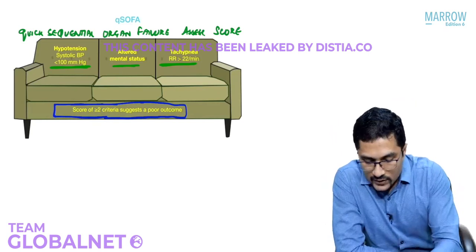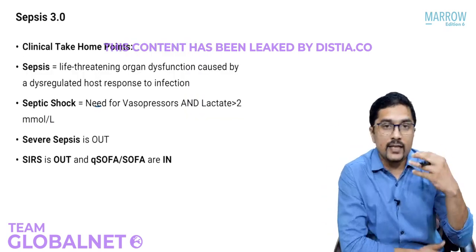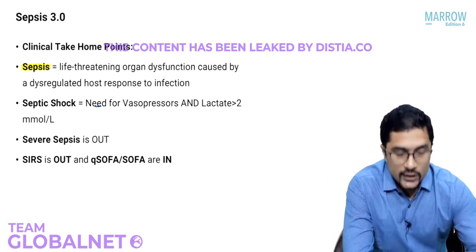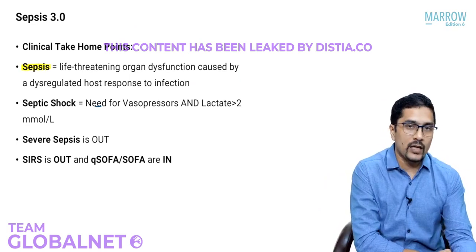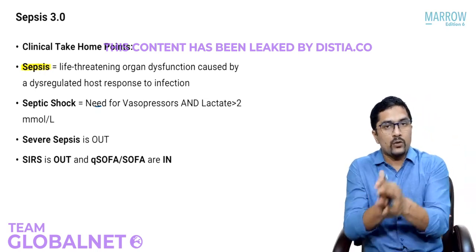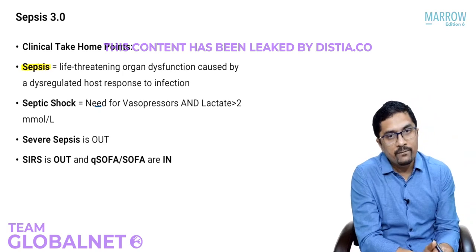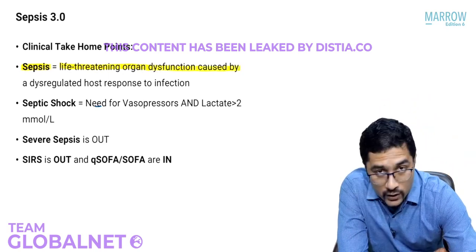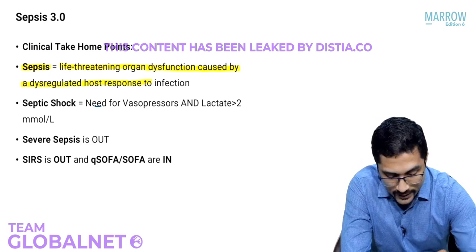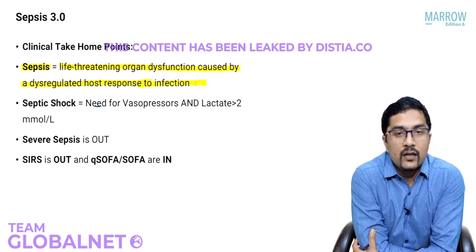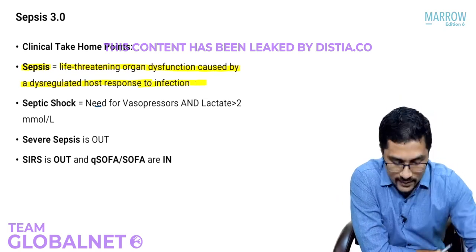So sepsis 3.0, these are the latest guidelines. What are the updates which we need to remember? The definition of sepsis now has changed. One definition I've told you is SOFA score of 2 or more than 2 plus known foci of infection. Another one is life-threatening organ dysfunction caused by a dysregulated host response to infection, right? So that is another definition of sepsis.